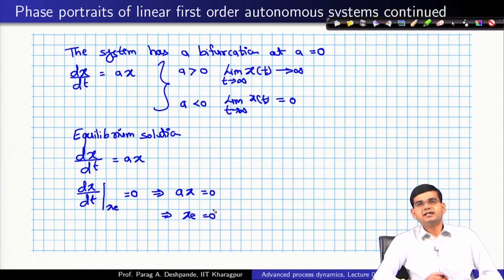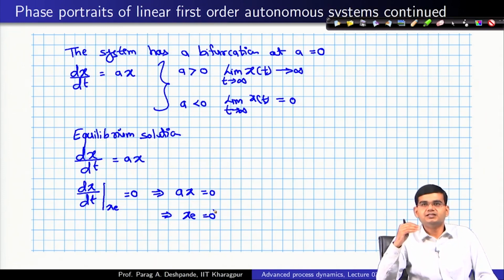So x equal to 0 is an equilibrium solution, and the meaning of it is that if x e equal to 0 is attained, then the system will continue to have the same value of the dynamical variable forever in future.